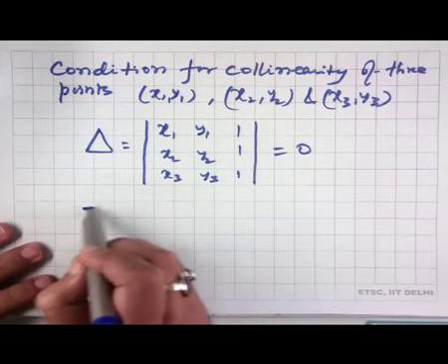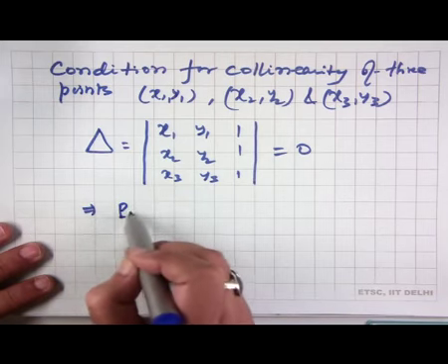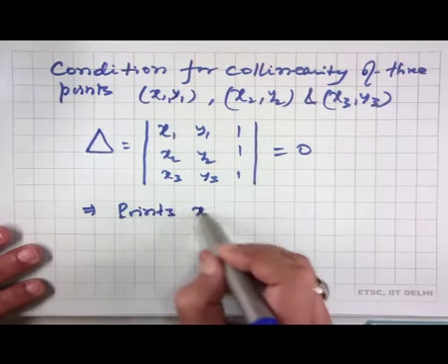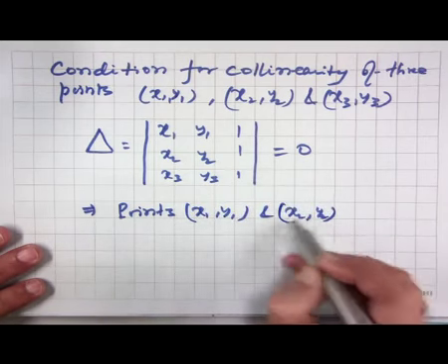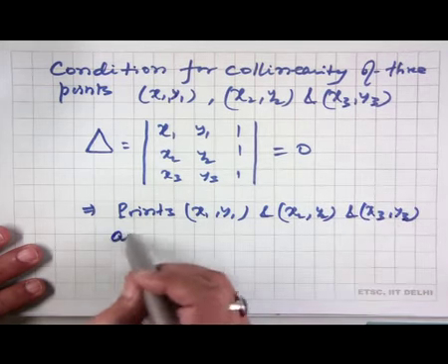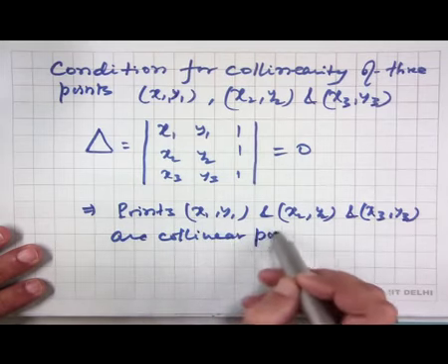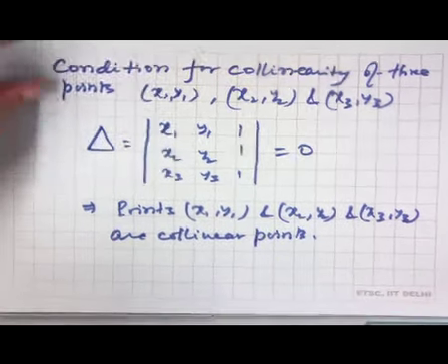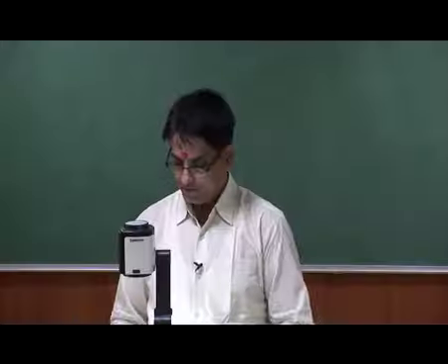This implies points (x1, y1), (x2, y2) and (x3, y3) are collinear points. So this is a very important condition. How can you prove that these 3 points are collinear points?